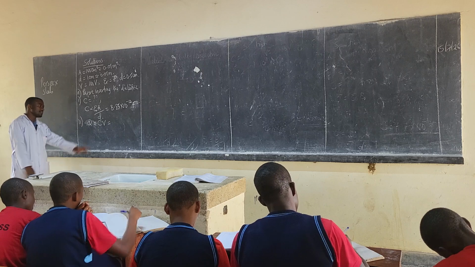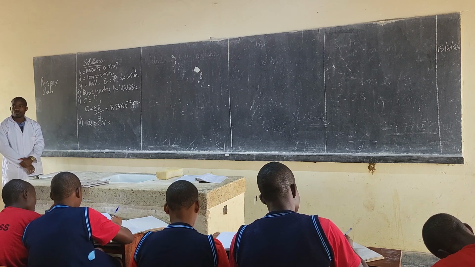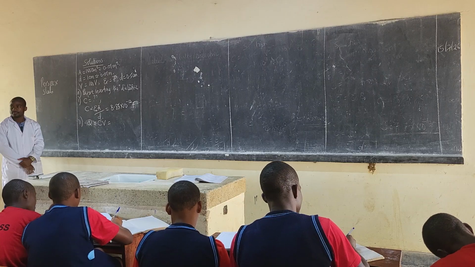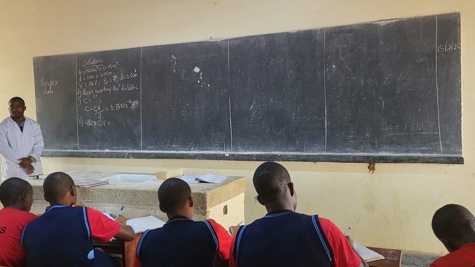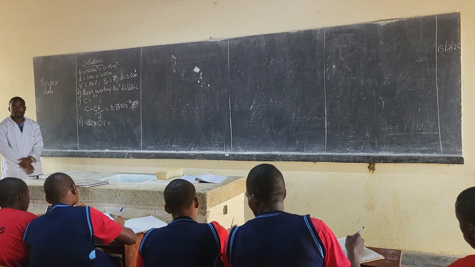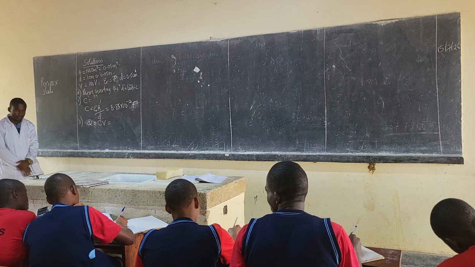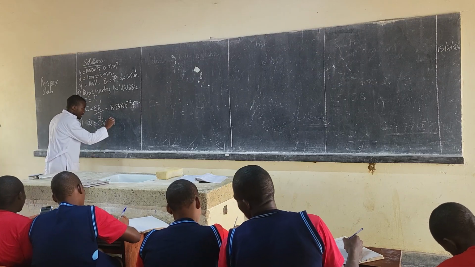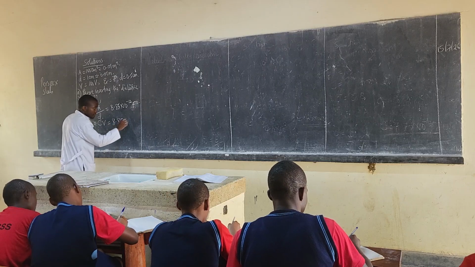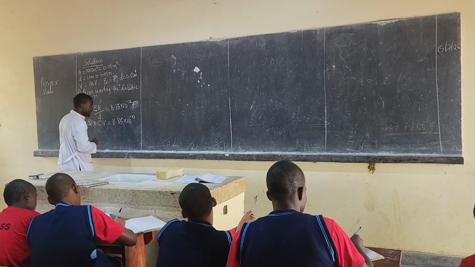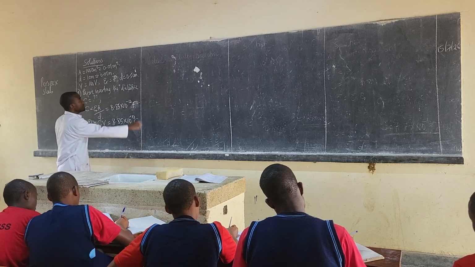What do you get substituting for C and V? 8.85 exponent negative 10. What are these? Coulombs.